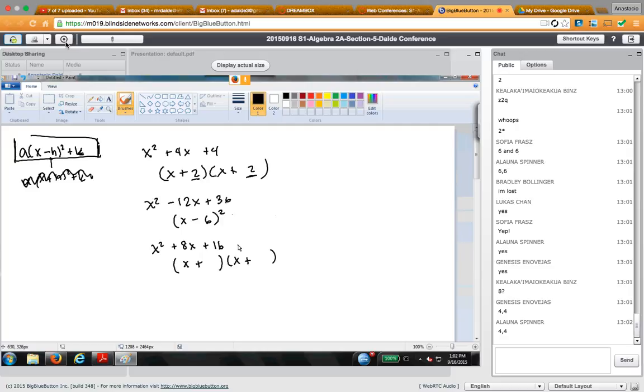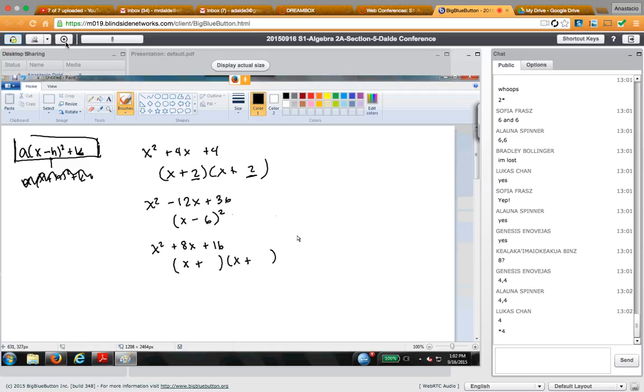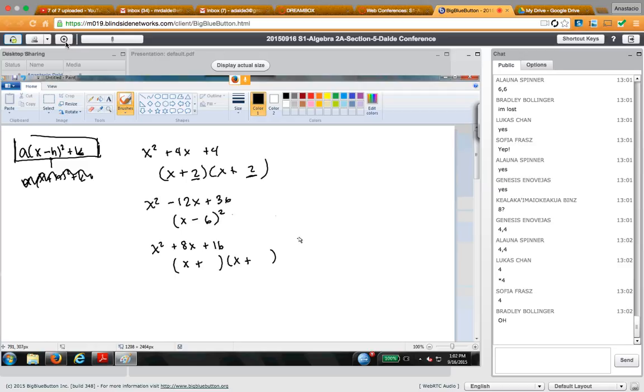Right? And Genesis is suggesting 4 and 4. But there's also other things like 8 and 2, or 16 and 1, or 4 and 4, 6, 12. There's 3 and 8, or 3 and 6. I'm sorry, 3 and 6.